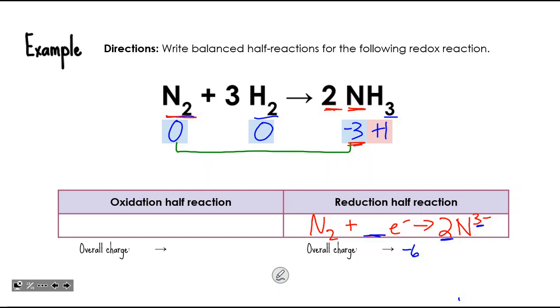Because we know this nitrogen is a 0, all we need to do is add in electrons. How many electrons do we add in to that side to make the left side, the reactant side, have a charge of -6?